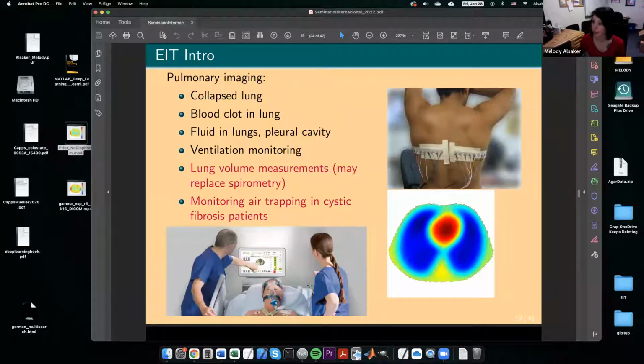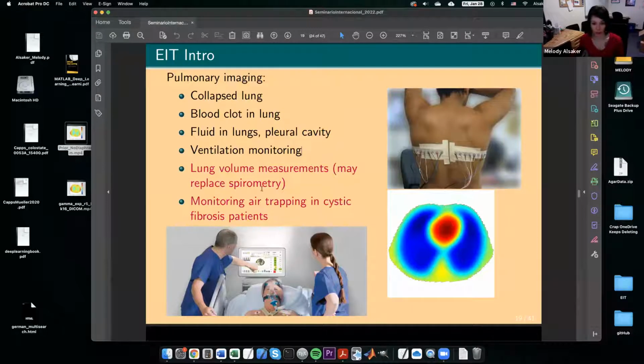And of course, if you underinflate the lungs, then they're just not getting enough air and they can die. So it is very advantageous to be able to see the air going in and out of the lungs. EIT has seen a large amount of interest over the course of the pandemic because of this.